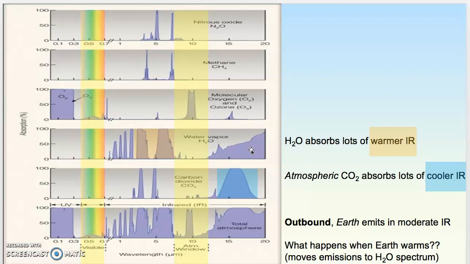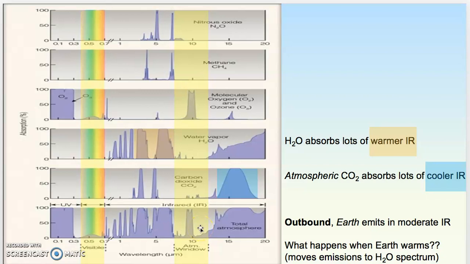Water vapor does 60% of the IR absorption as a greenhouse gas. And when we look at carbon dioxide, its specialty is really in absorbing far IR or cooler IR. So the Earth emits in the moderate IR atmospheric window. And what happens when the Earth warms?